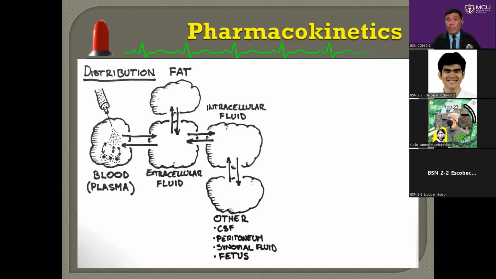Other than the extracellular and intracellular compartments from the plasma, if the drug is indicated for a specific organ, as I have mentioned, CSF is cerebrospinal fluid for cerebral function. The peritoneum has the peritoneal fluid that covers abdominal organs. Synovial fluid is responsible for the joints. And the fetus has the amniotic fluid.